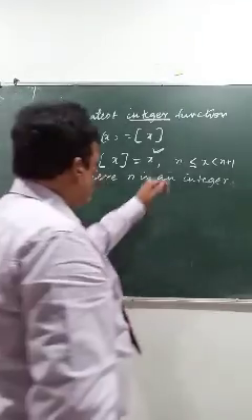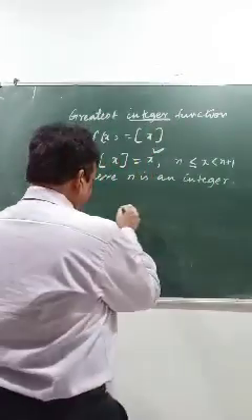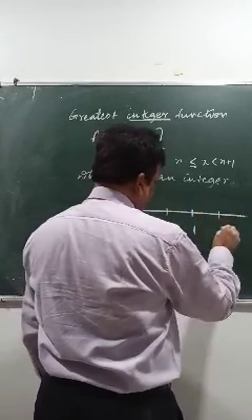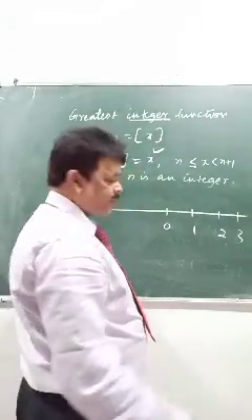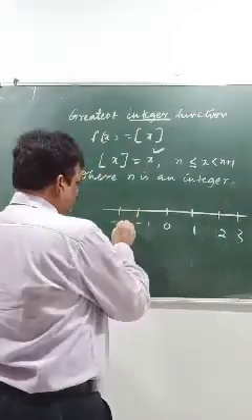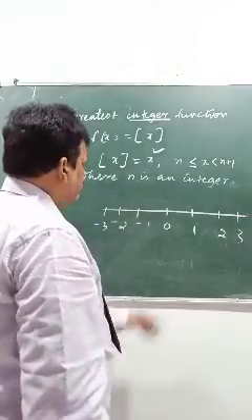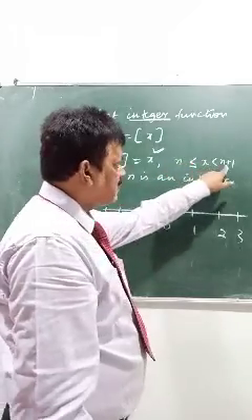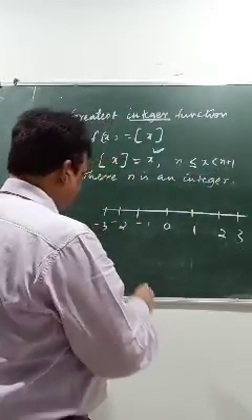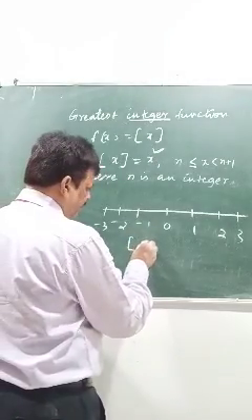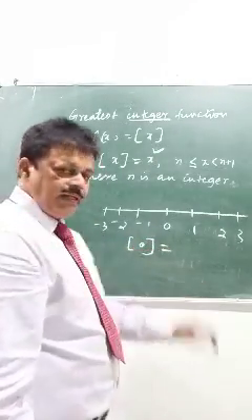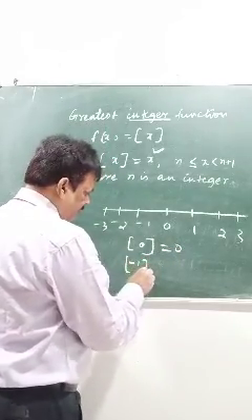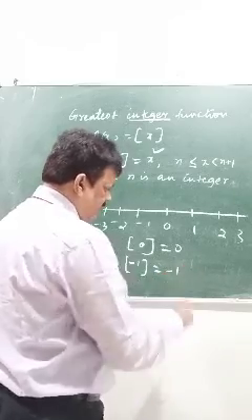To understand this, see a number line like 0, 1, 2, 3, -1, -2, -3. The outcome will be an integer, either equal to x or smaller than this. Suppose I take the value 0. 0 is an integer, it will remain as 0. Suppose I take -1. This is an integer, it will remain as it is.